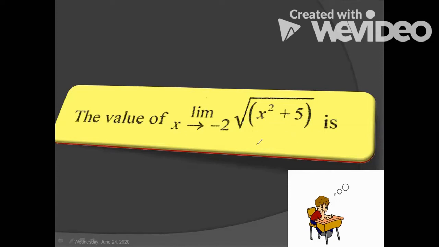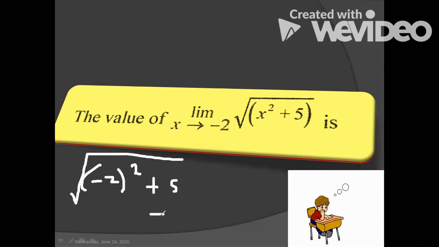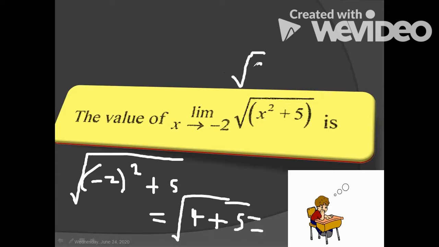So we're going to replace x with -2 in this question here. We're going to write the square root sign, so we're going to have (-2) squared plus 5. We know that (-2) squared is 4, positive 4, and 4 plus 5 is equal to the square root of 9.